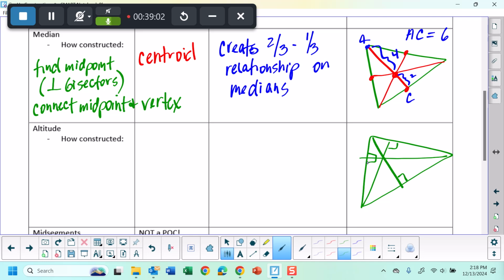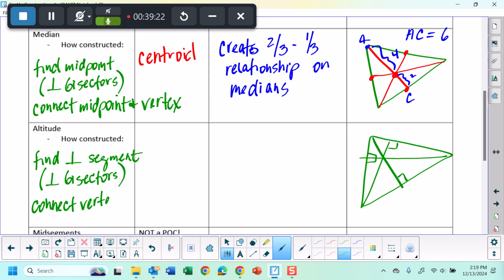How we construct them is you find the perpendicular segment, and you do that through your perpendicular bisector. And then you connect the vertex to your opposite side.